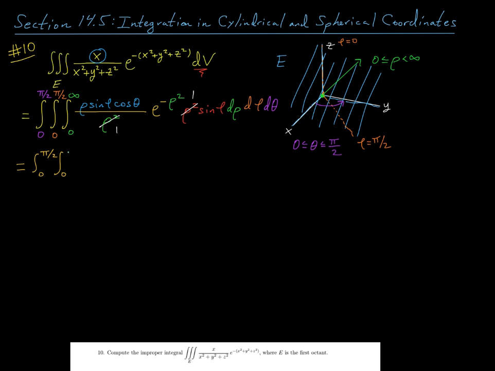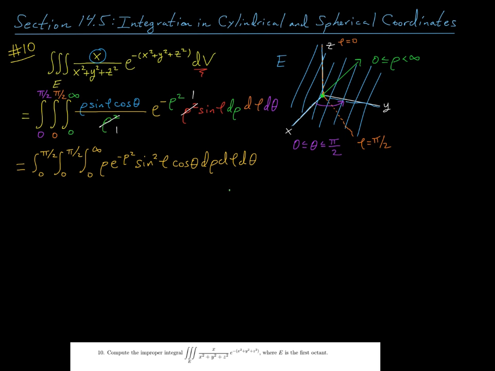So we're looking at this: rho e to the minus rho squared, then we have our sine squared phi, then our cos theta, and the order here is d rho, d phi, d theta.